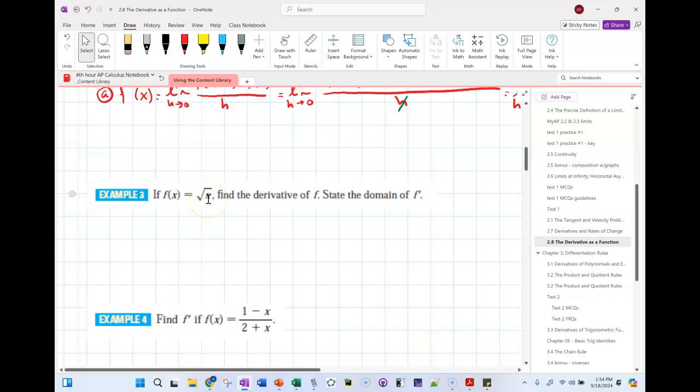Okay, so our next one says, if f of x equals the square root of x, find the derivative and then state the domain. Okay, so the derivative, we know the equation.